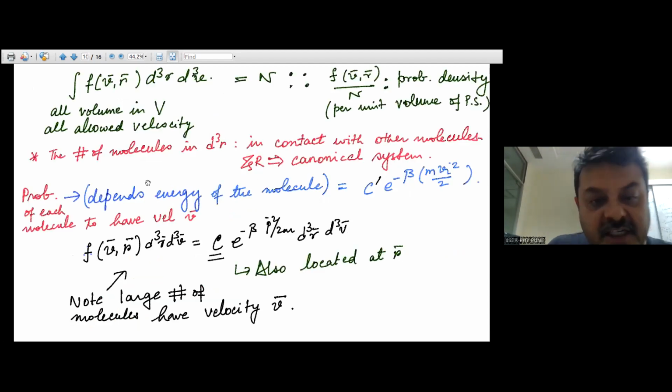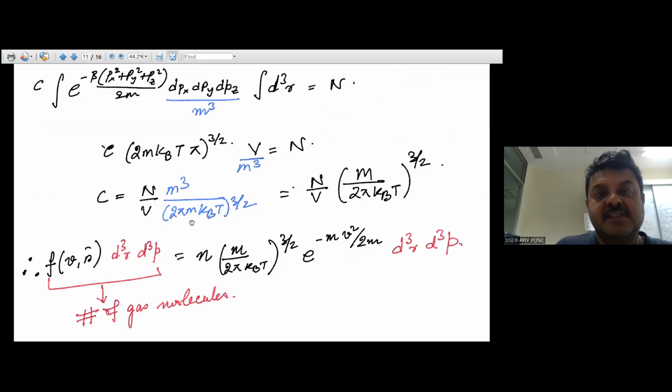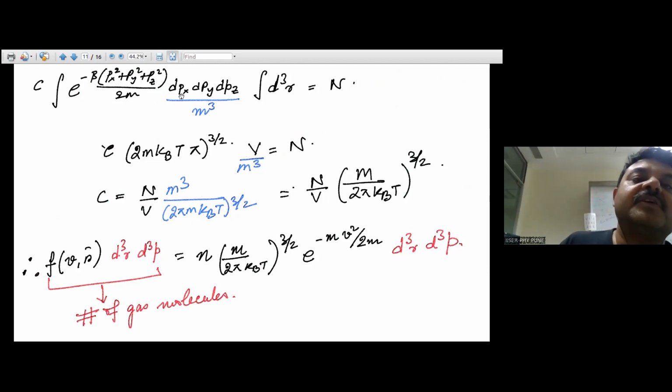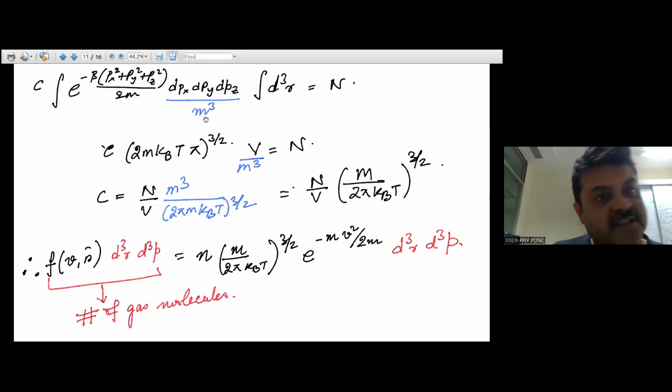The integral here was over d3v. All that I have done is convert this d3v to d3p, because you know the expression of the integral, and while converting v to p, I had to divide by m cubed. That's all that I have done.